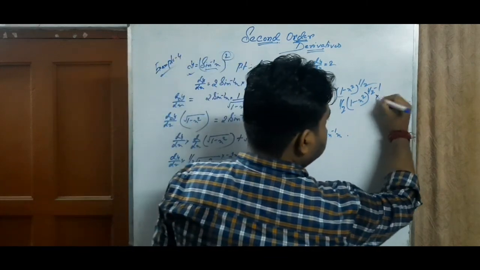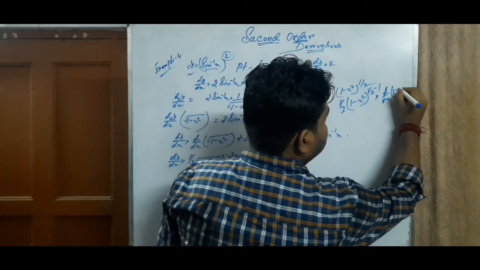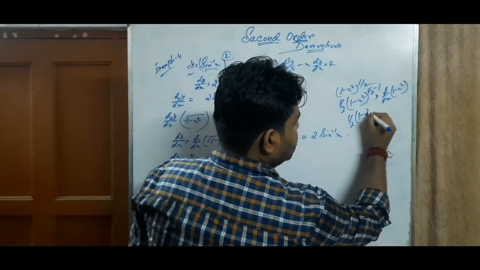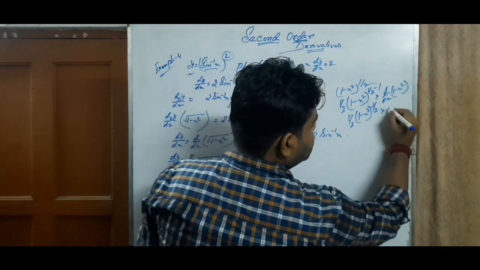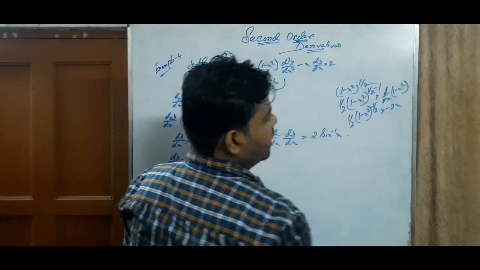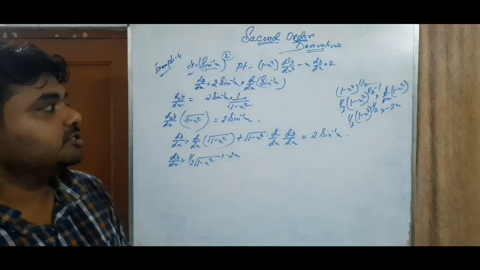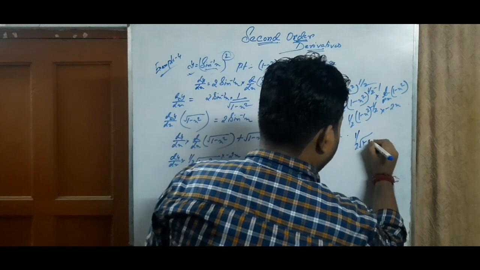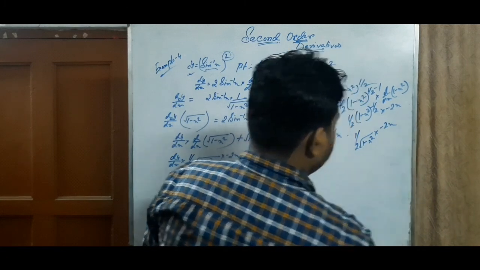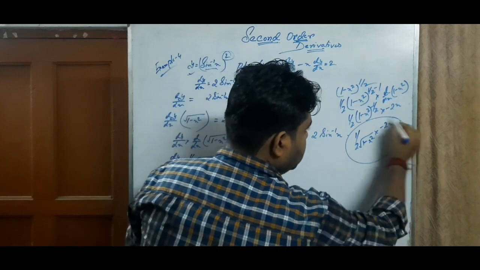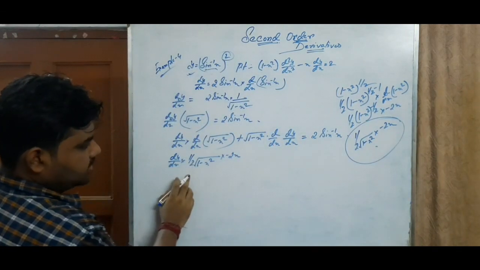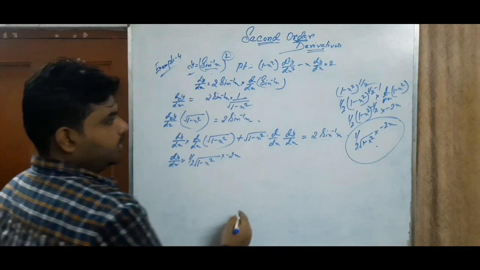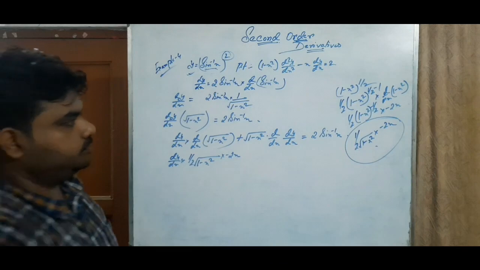Now into ddx of 1 minus x square, that is the chain rule. So half (1 minus x square) whole to the power minus half into minus 2x. Since ddx of 1 is 0, that is ddx of constant will be 0. Now we can write half root over 1 minus of x square into minus 2x. So I am writing this one, that is half root over 1 minus x square into minus of 2x. Okay, so I am rubbing this out.